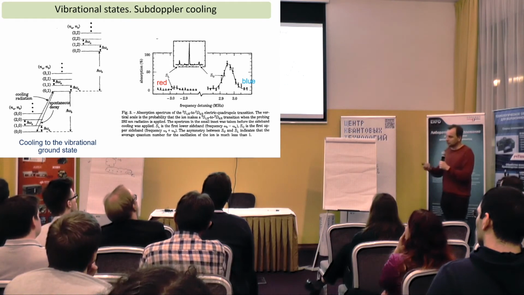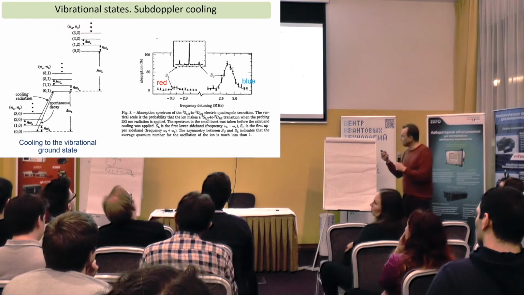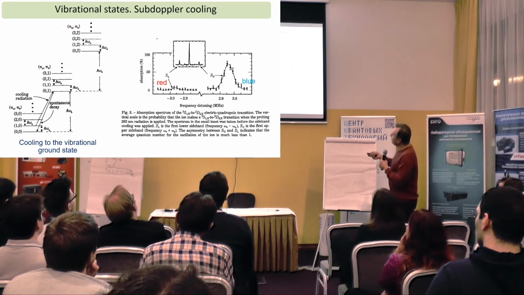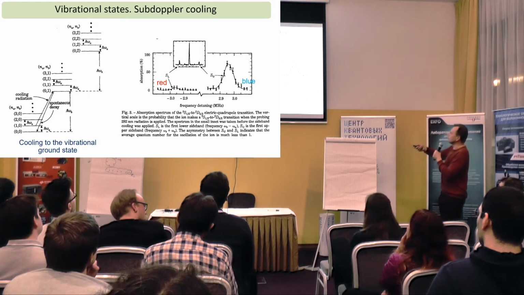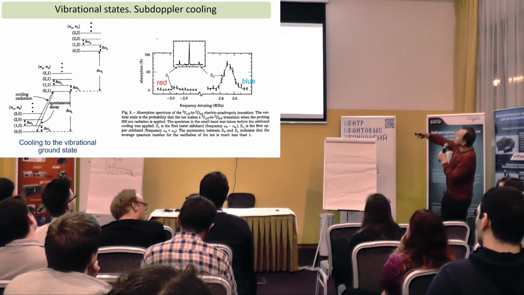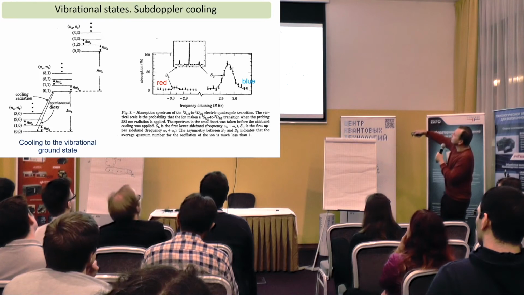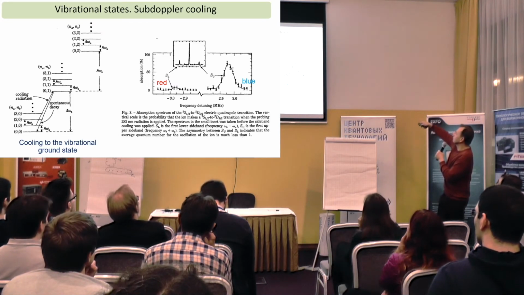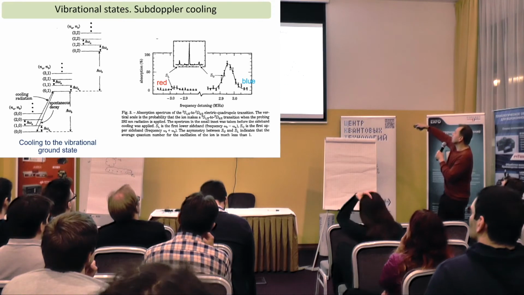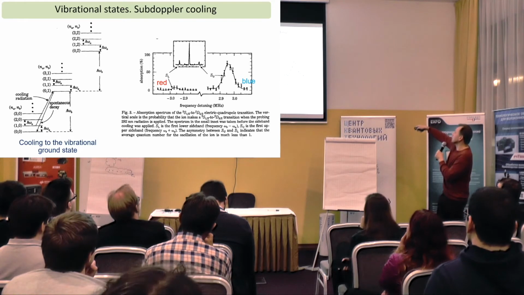And using this approach, you can, or vice versa, I'm sorry, no, it's true. So you have to go to the red vibrational state, and then after many cycles of this process, you can go down this ladder to basically the ground vibrational state, which manifests itself using, for example, spectroscopy.